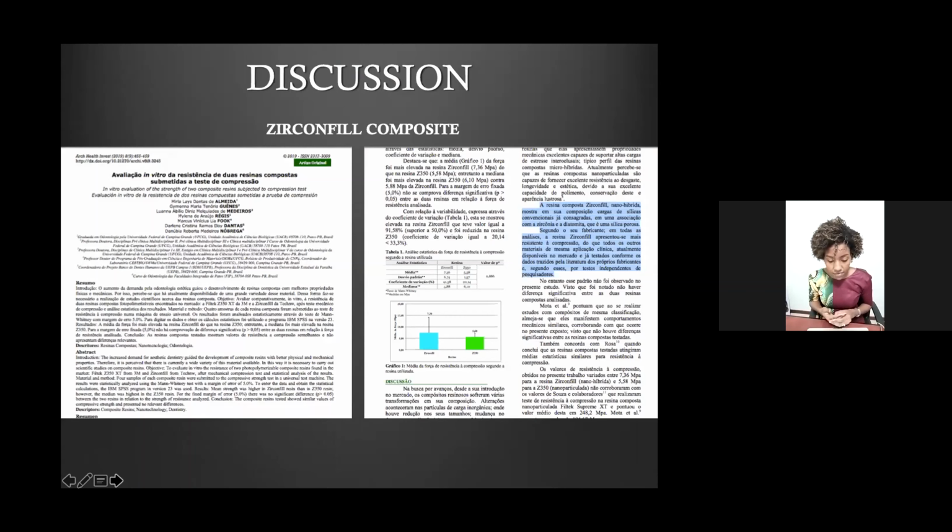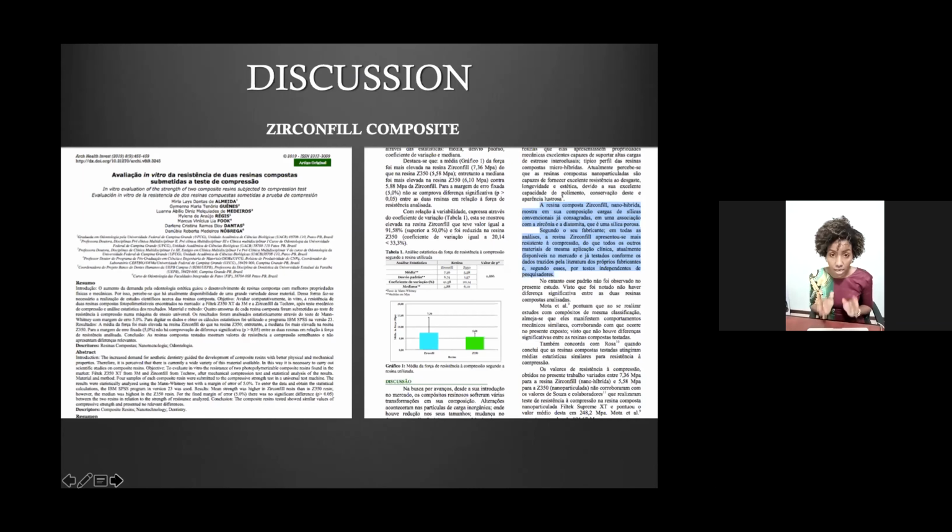And what is the difference there? According to the manufacturer, in all analyses, a Zircon resin is more resistant to compression than all other materials of the same clinical application. However, this pattern was not observed in the present study.